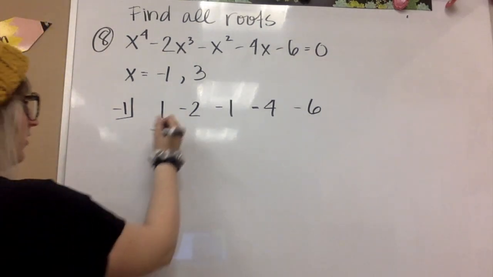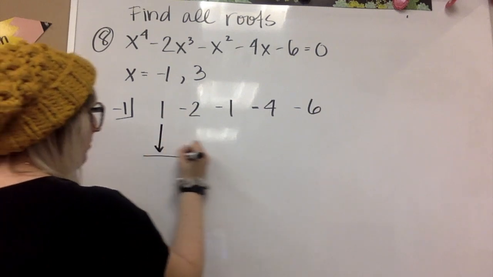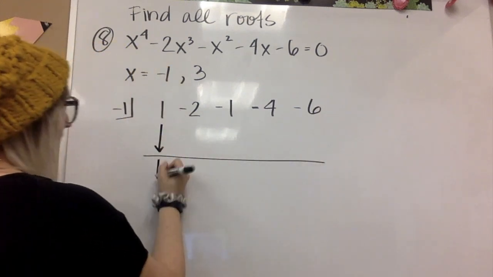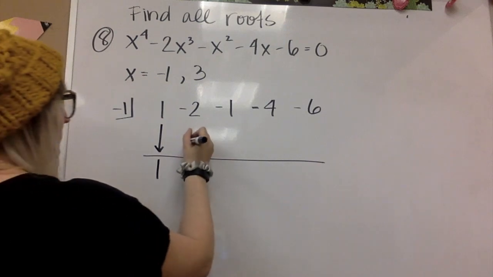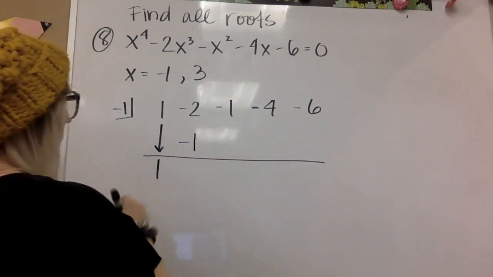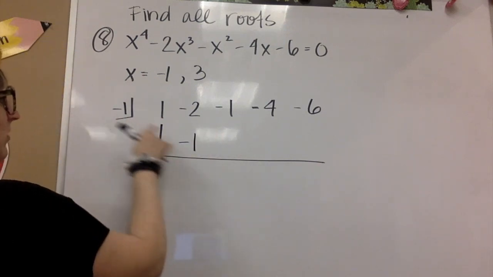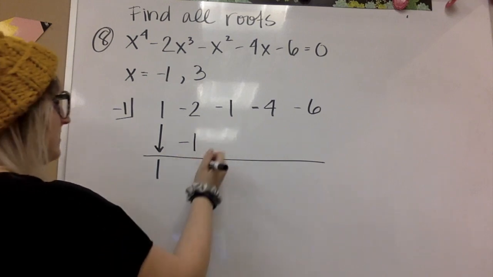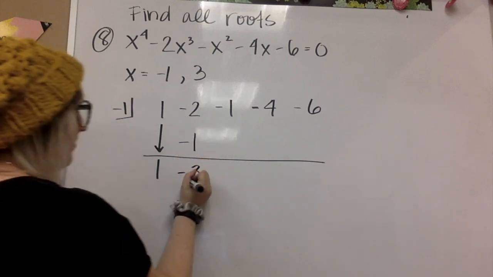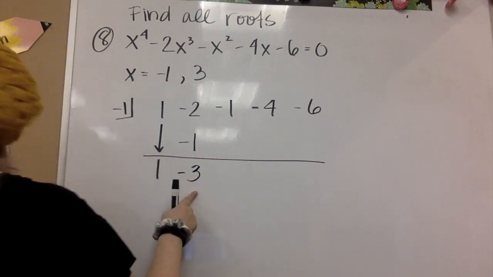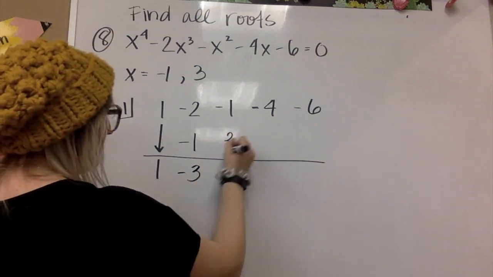All right, so first I bring down my 1. And then I multiply it. 1 times negative 1 is negative 1. Negative 2 plus negative 1 is negative 3. Negative 1 times negative 3 is positive 3.